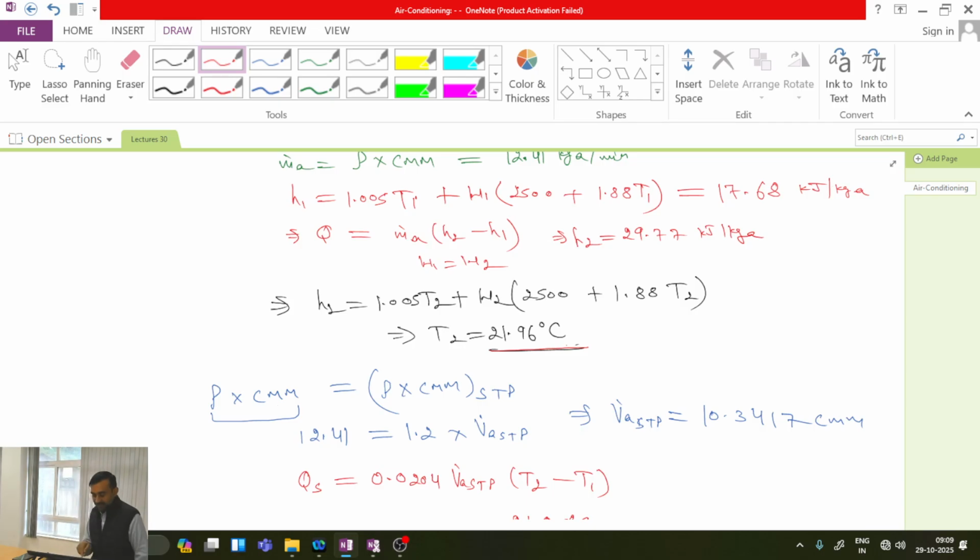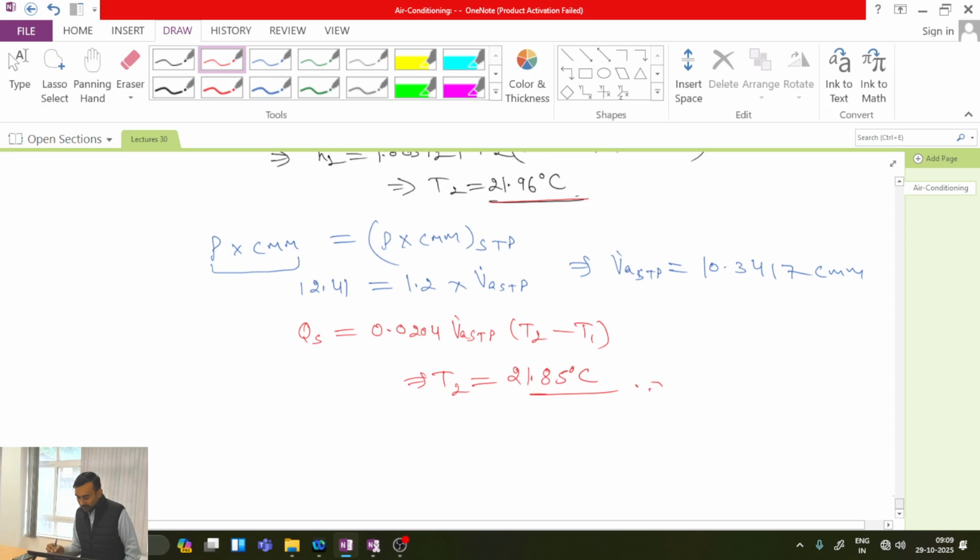Correct? So when you did this approximation, your CMM value is now available for the standard conditions for which the formula is derived. When you use this, you get 21.85, and 21.85 is very close to the value of 21.96 obtained from the exact analysis.